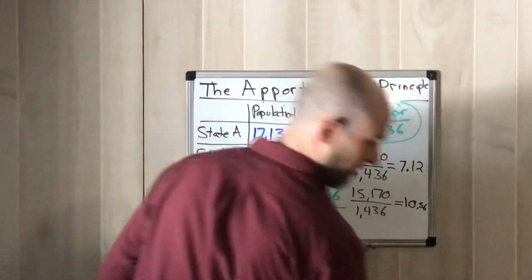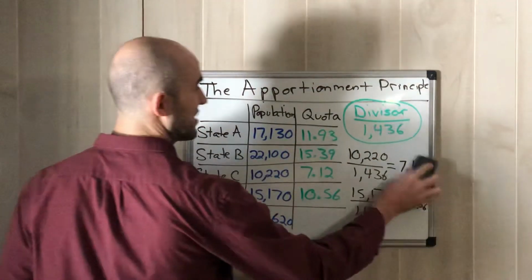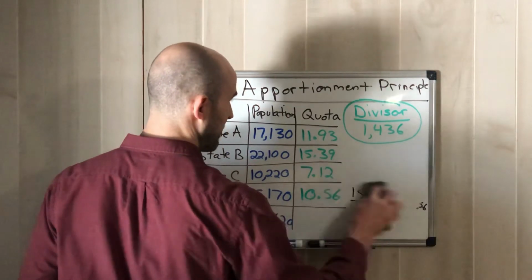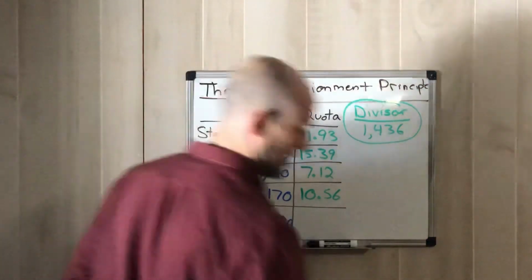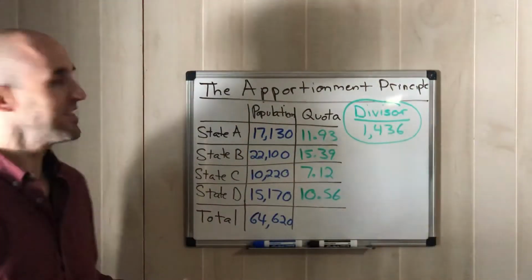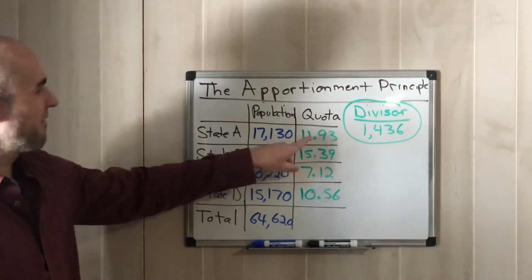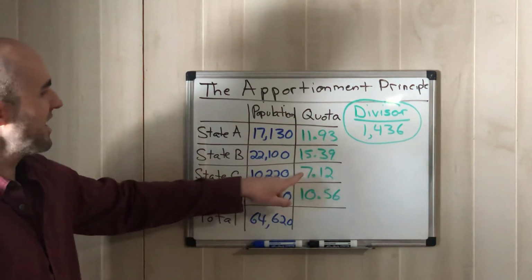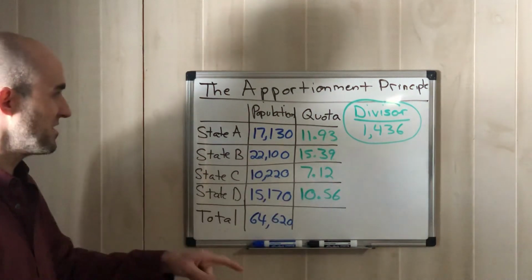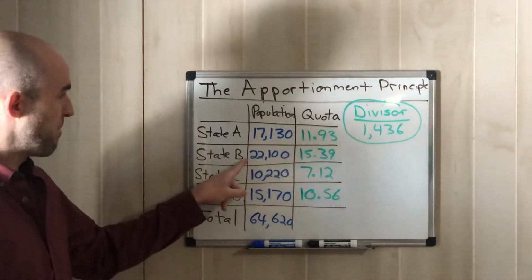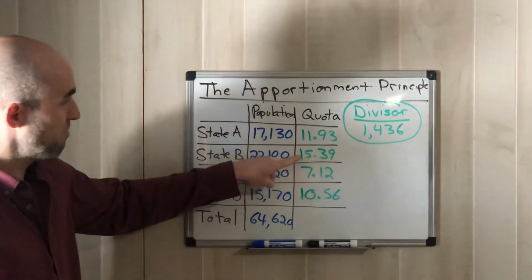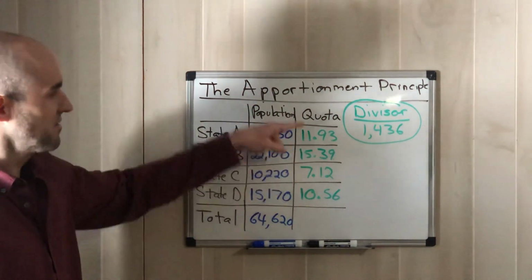And now, let me get rid of this math, because again, math is extremely easy, guys. It's simple, it's direct, it's just knowing where everything is coming from, right? And think back to what we said. That's 11.93, that's 15.39, that's 7.12, that's 10.56. We said at the beginning, to do this fairly, the biggest population would have the biggest number, which it does.